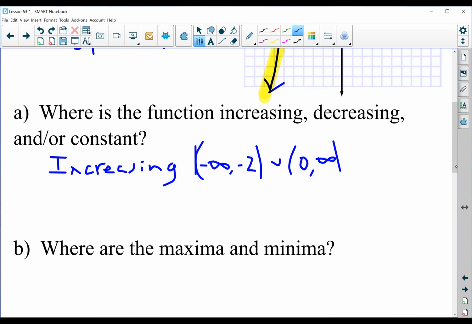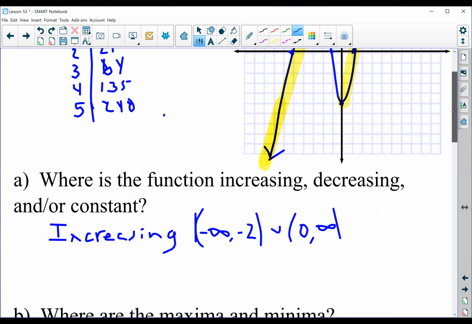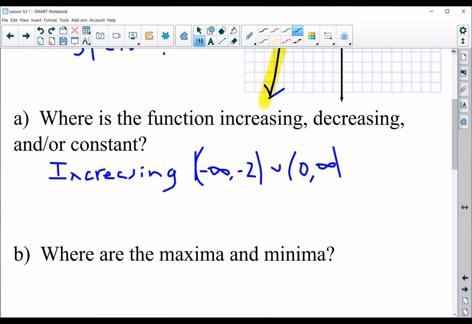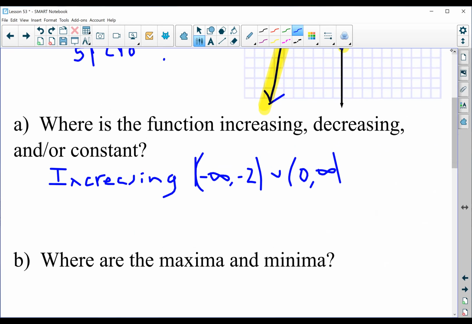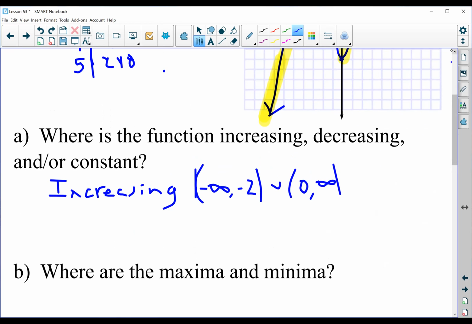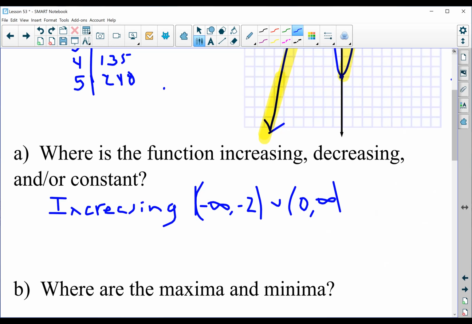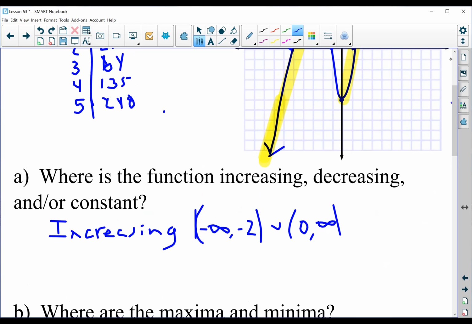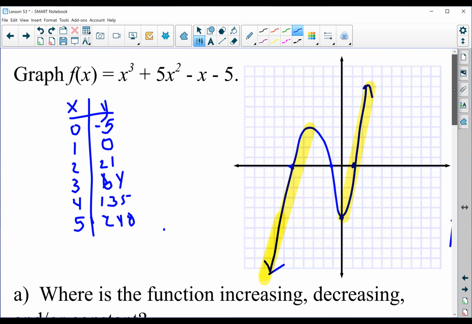And we can double check that on the graph. Yeah. Oops, I think it's actually -3.